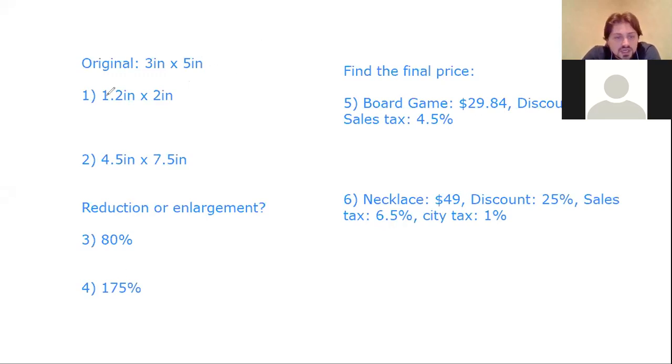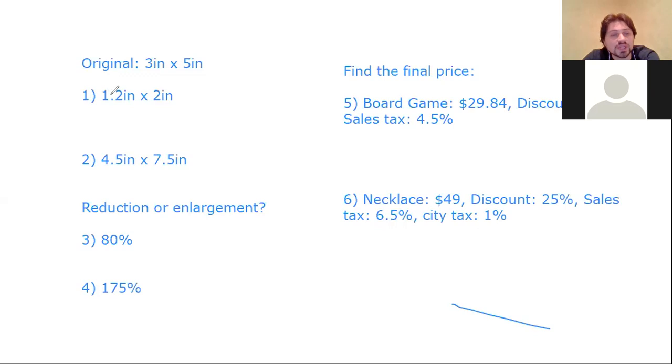These first four are based on section 1, which was reductions and enlargements. Some of you were confused on how this worked. For comparing actual measurements, 3 inches by 5 inches is your original, which is pretty standard, the size of your index cards.